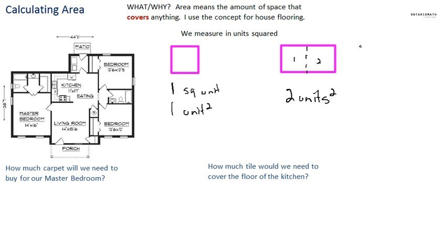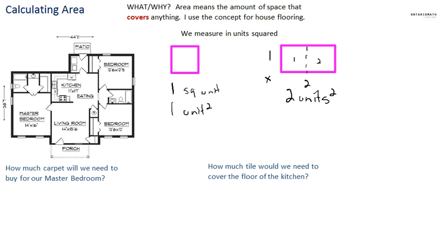I also could have figured it out by just multiplying. I can see the height is 1 square, and I'm going to call the bottom the base. It's 2. 1, 2. So I could have done 1 times 2 equals 2.